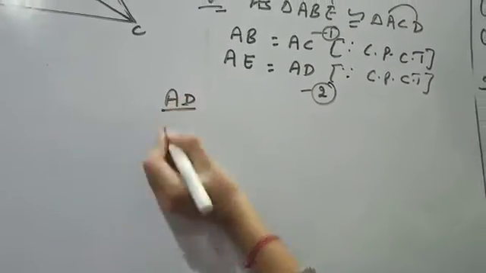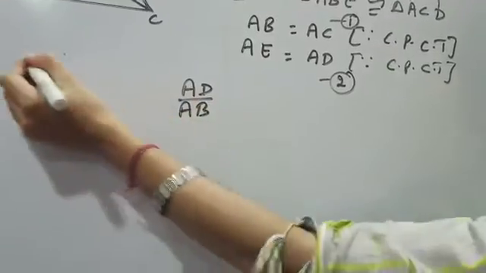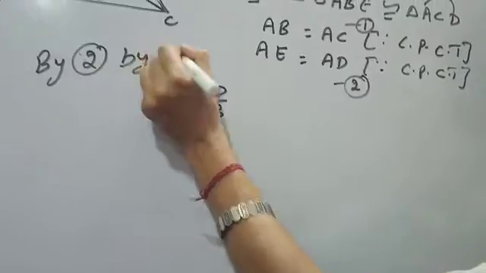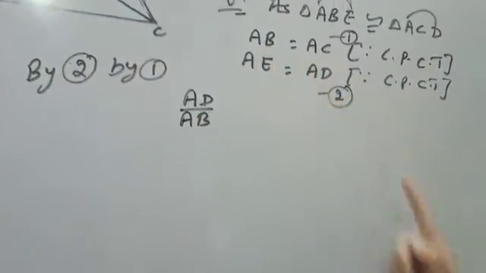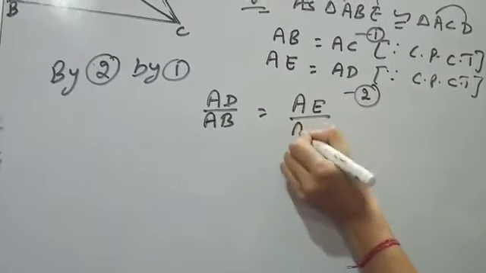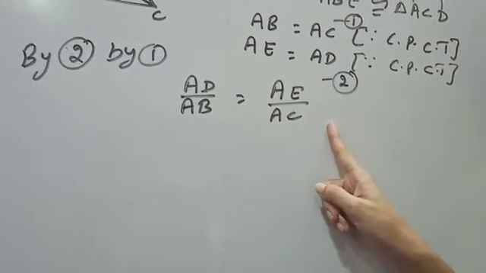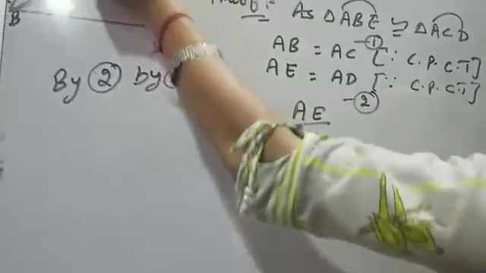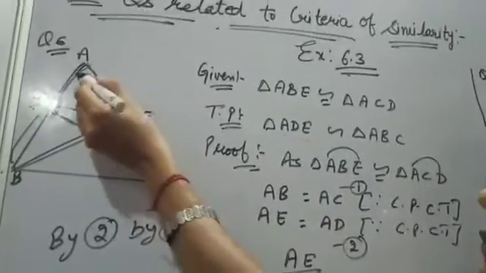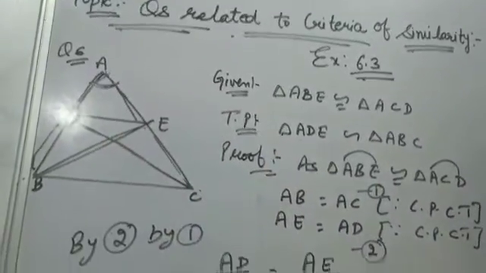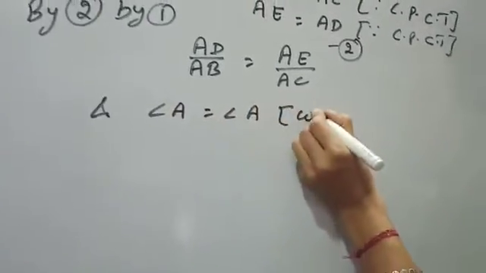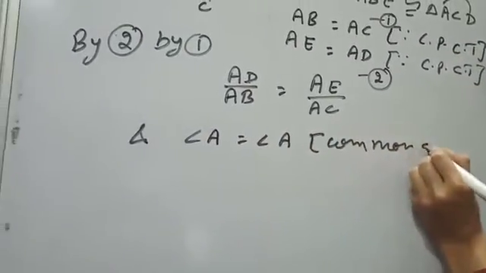By these two equations, if I divide the second by the first, I take AD upon AB, and then AE upon AC. These two ratios are equal, right? This means AD upon the full side AB and AE upon the full side AC, and the included angle of both is angle A. The ratios are equal and angle A is equal to angle A, the common angle.